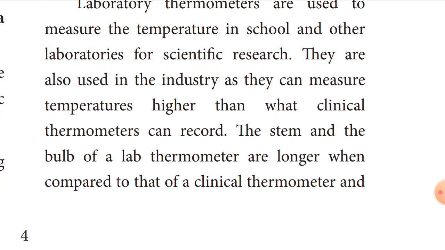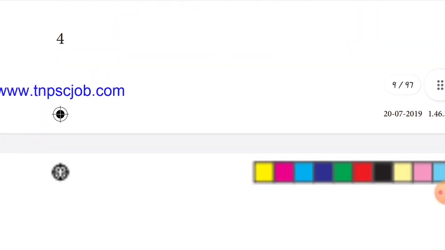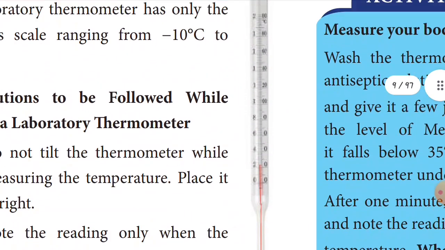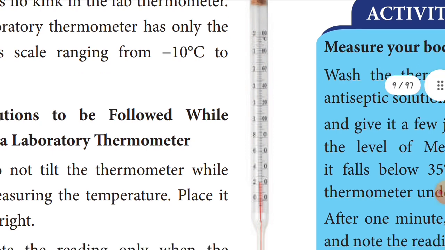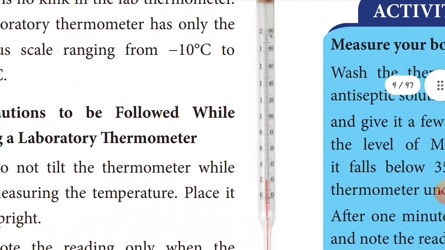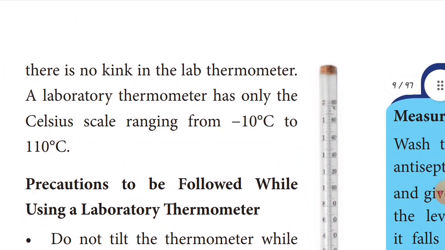The stem and bulb of the lab thermometer are much longer when compared to the clinical thermometer. See the diagram, children? This is a laboratory thermometer. There is no kink here, no bend. There is no kink in the lab thermometer.